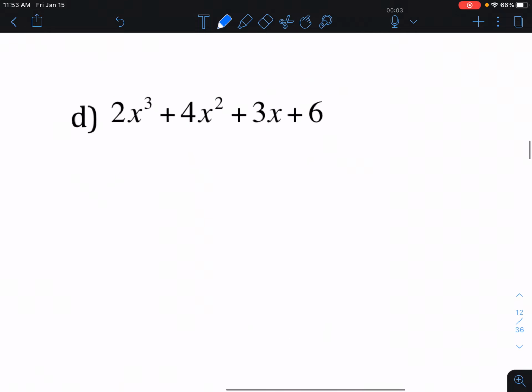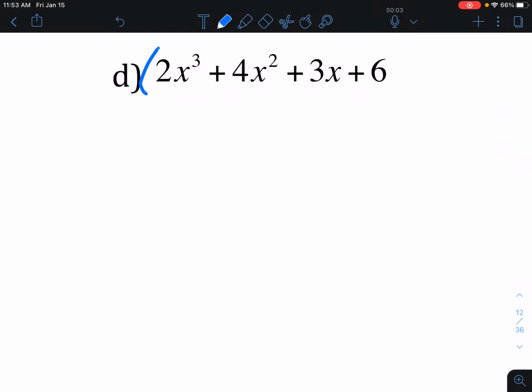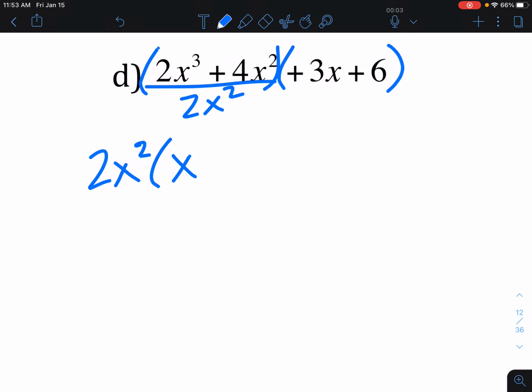Letter D, factor by grouping. GCF of the first group is 2x to the second. So divide to have 1x plus 2. GCF of the second is 3, so put a plus 3.